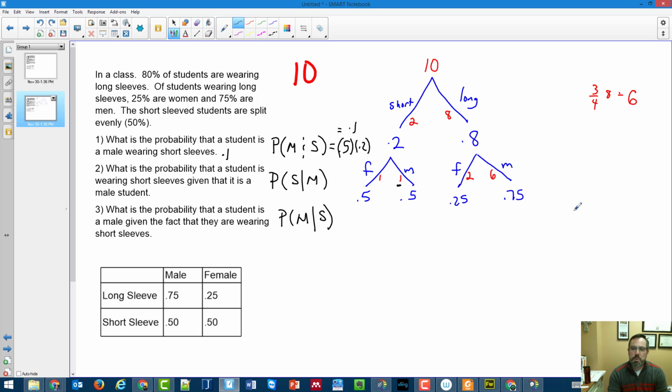Remember, when we're taking a look at that, it's really done like this. Probability that you're a male times the probability that you're a male given the fact that you're wearing short sleeves. Excuse me.